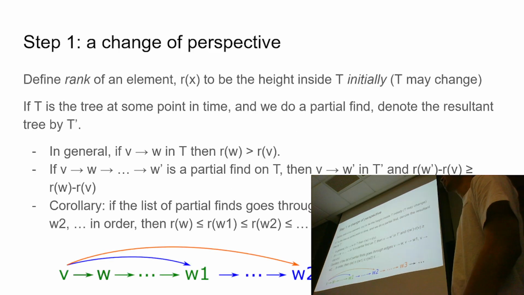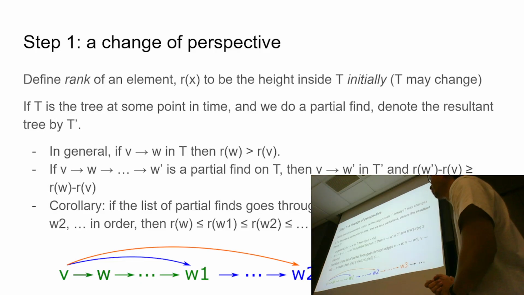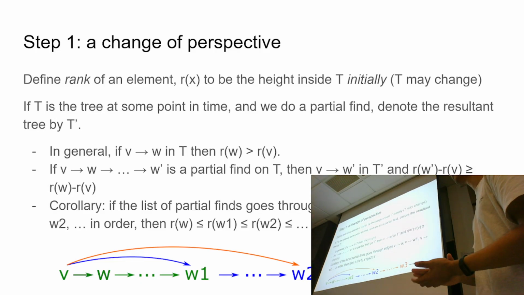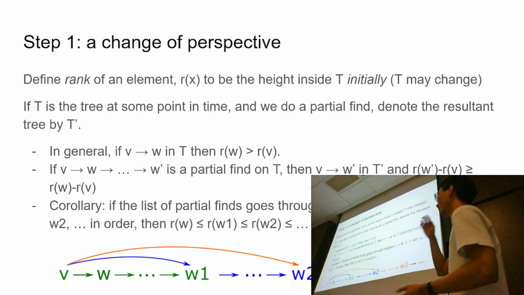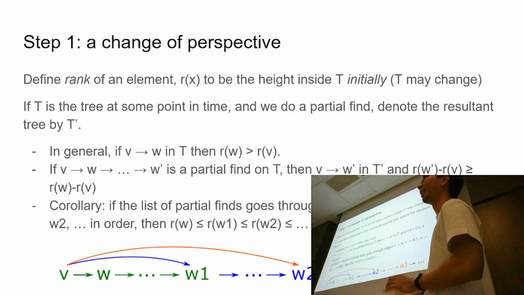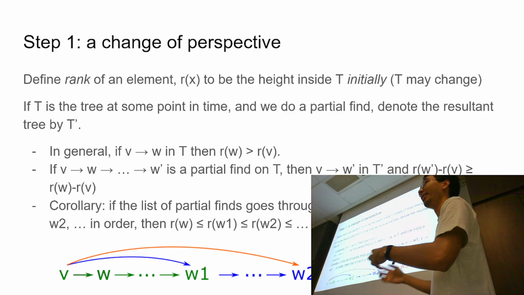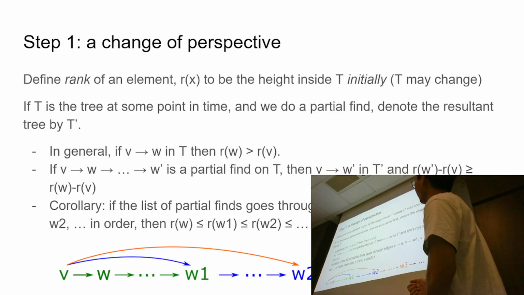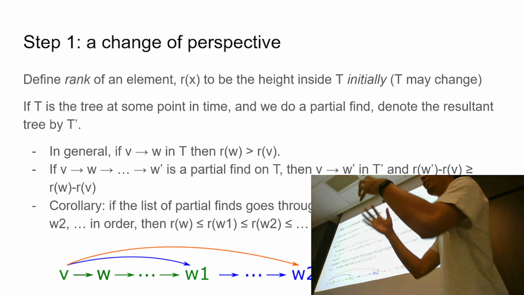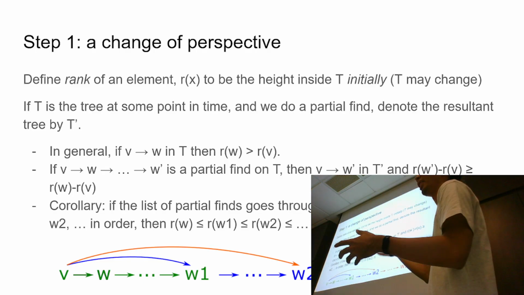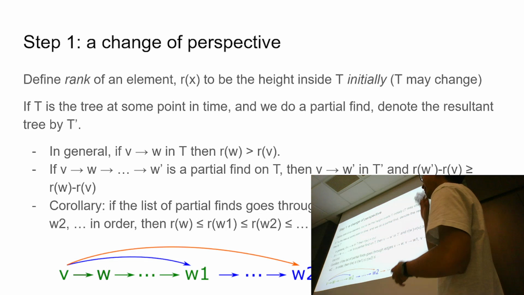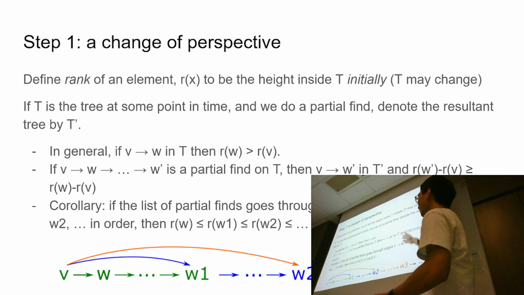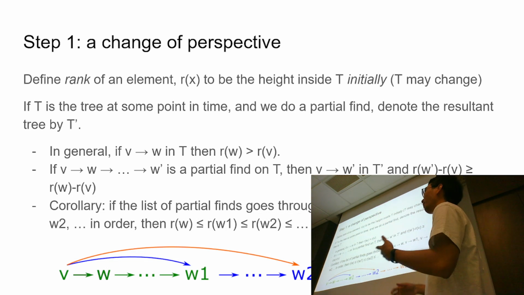Okay, some very important definitions you have to make for the proof. For each element V or X, let's define its rank to be its height inside the initial T, because recall that T can change as we do partial finds. If T is the tree at some point and we do a partial find on it, let the resultant tree be T prime. There are some easy results which are pretty obvious.